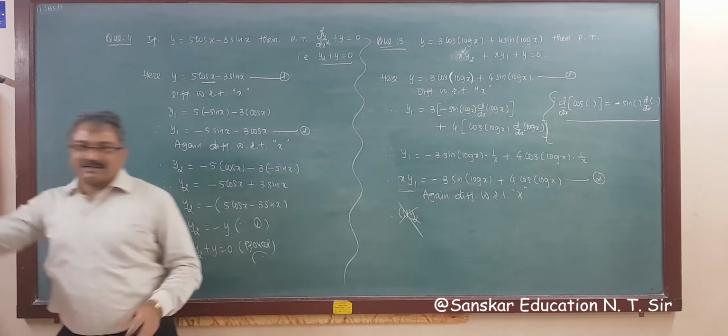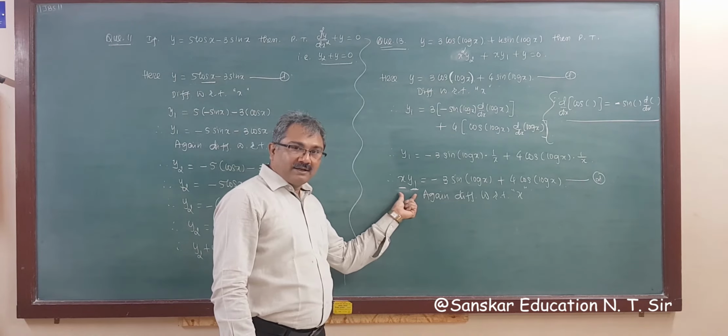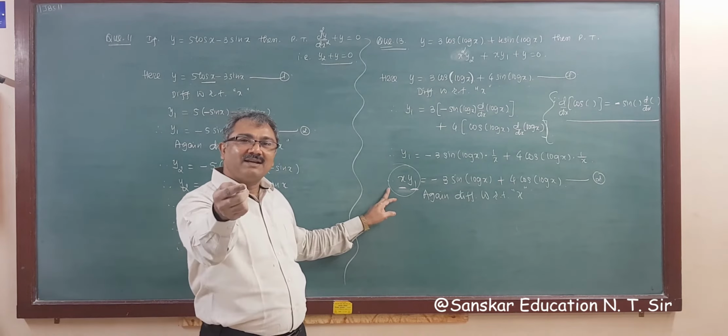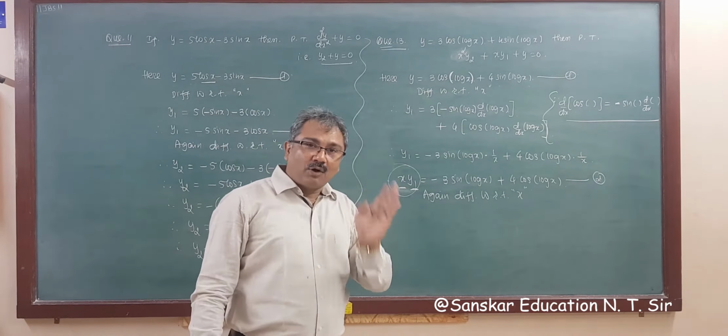So you have to apply the u into v form, the product rule. Many students make a mistake here. They write only y2 because the derivative of x is 1 and the derivative of y1 is y2. So that is wrong.